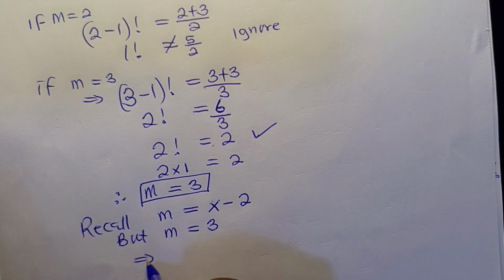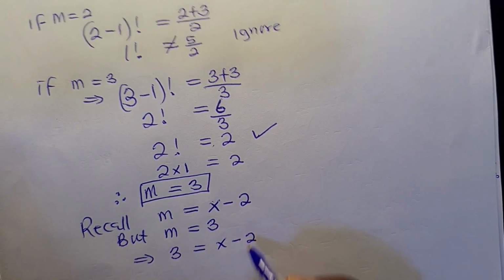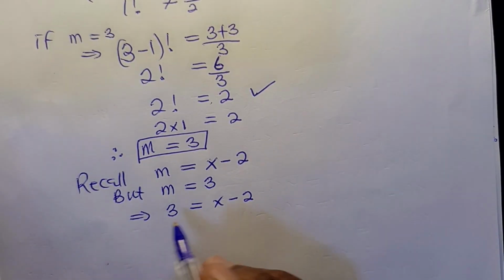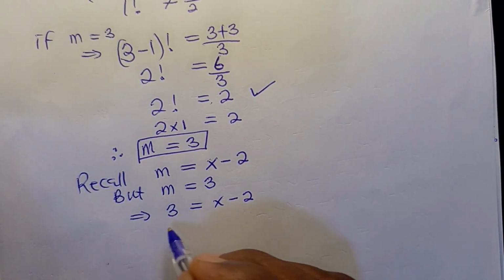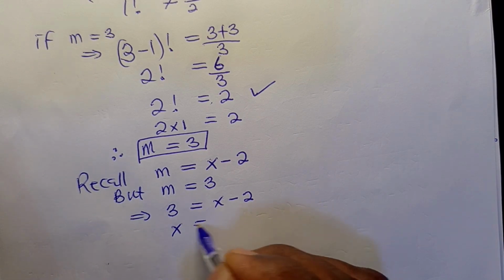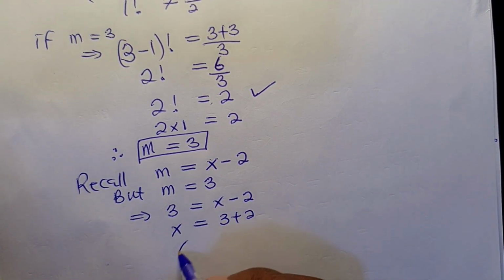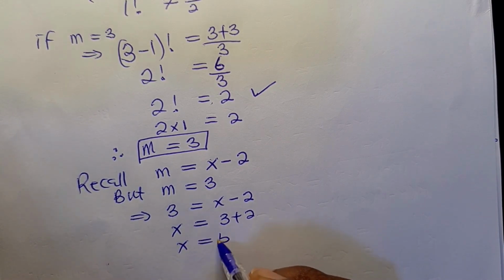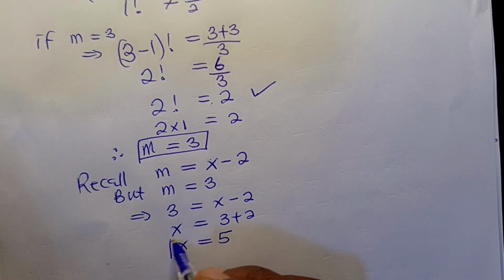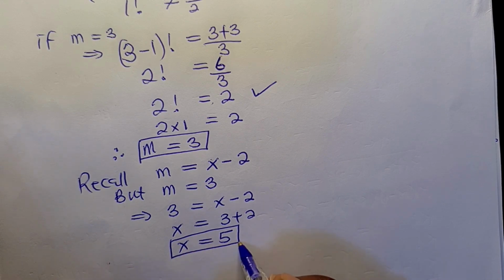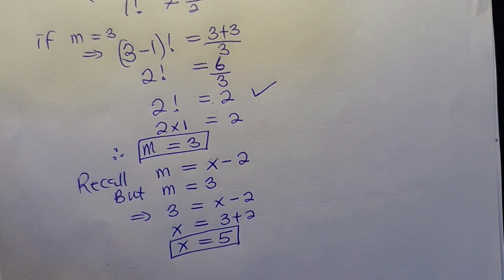So this implies 3 is equal to x minus 2. So we have x equals 3 plus 2. We have x equals 5. So this is the value for x in the equation.